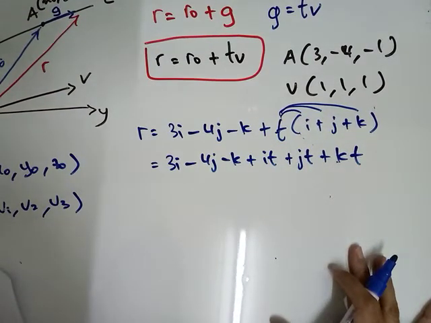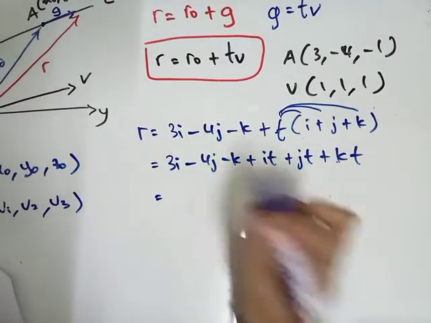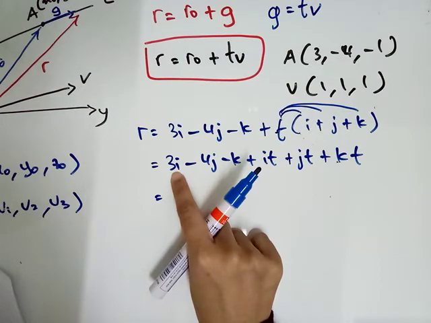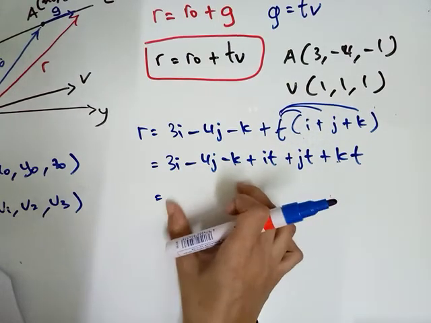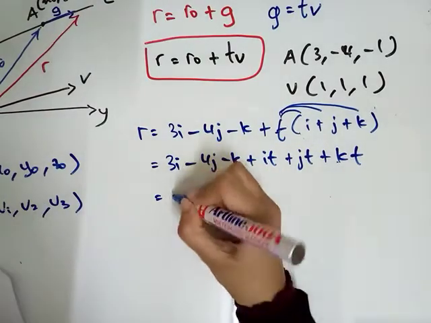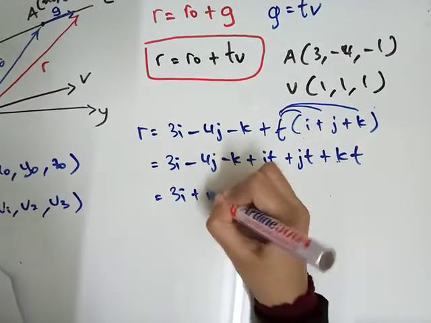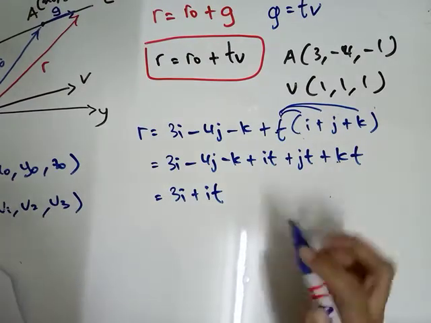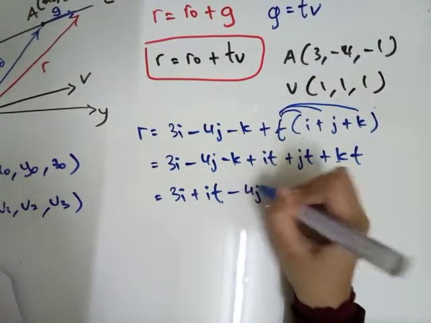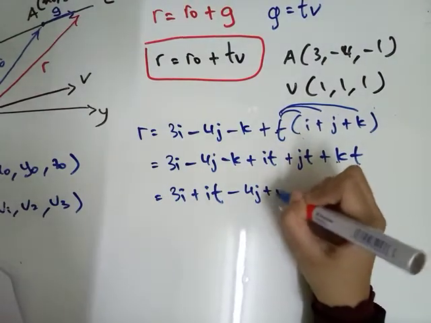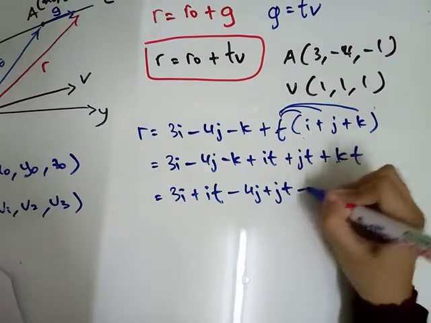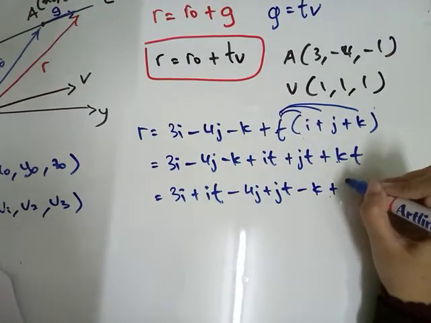And then we combine the I, J and K values. So 3I plus IT, combine it. And then negative 4J plus JT. And then negative K plus KT.